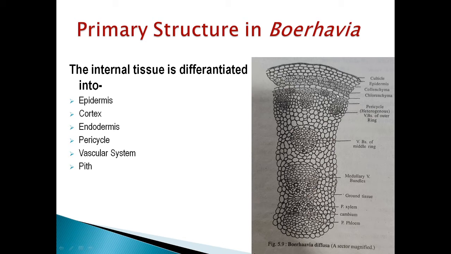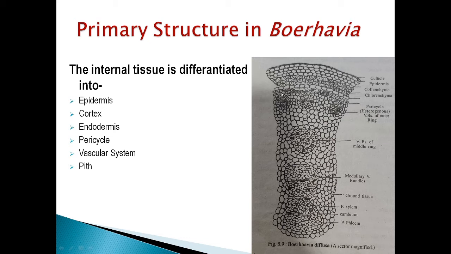The next layer is the endodermal layer. A distinct endodermal layer is present just below the cortical layer. The cells are rectangular with Casparian dots. Next is the pericycle. The pericycle is present just below the endodermis and is many layered.